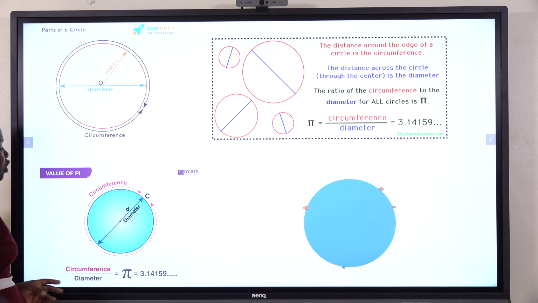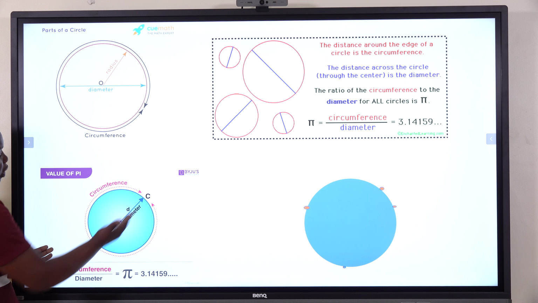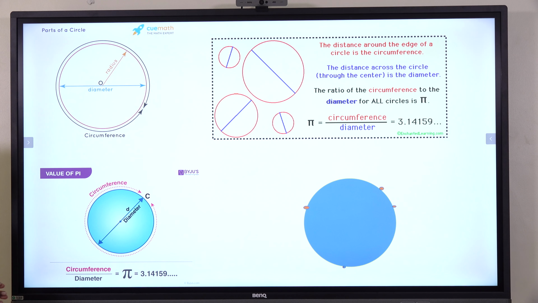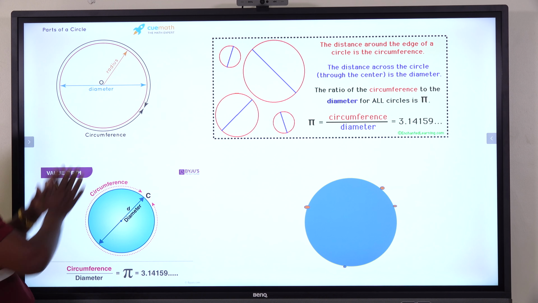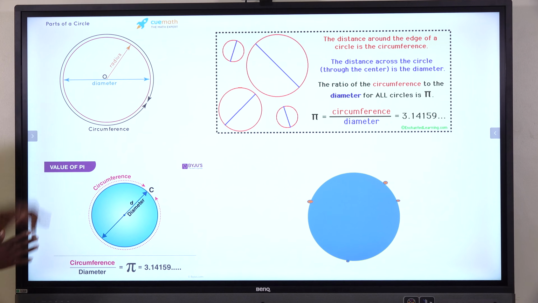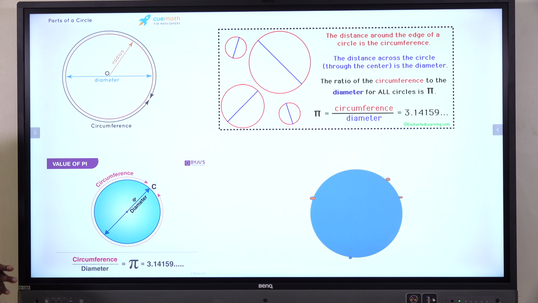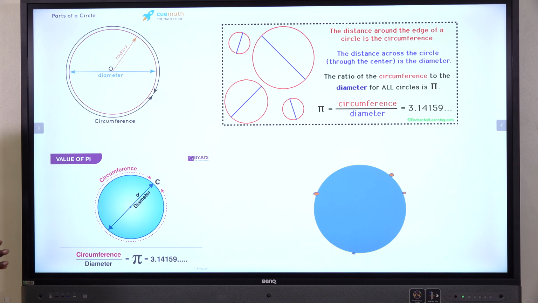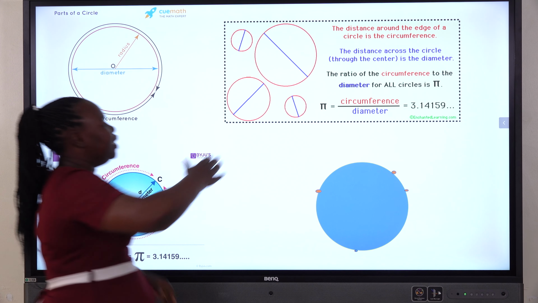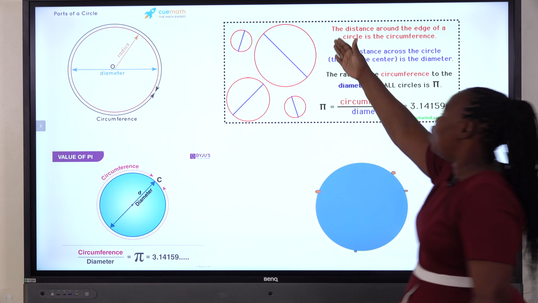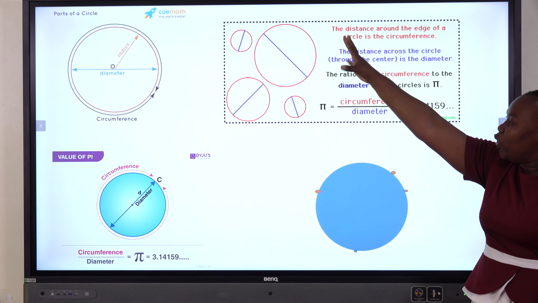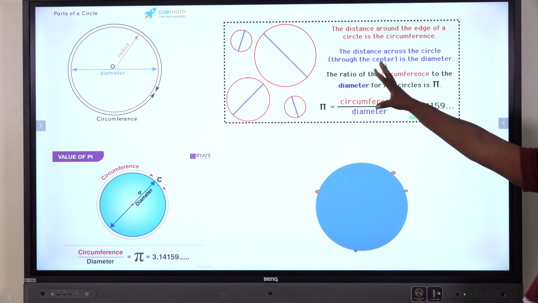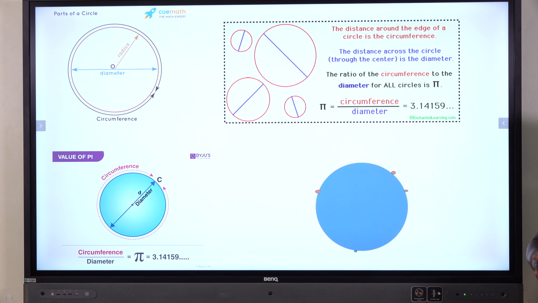In the second illustration, this is what we call the diameter, and in the first, that is the circumference of a circle. It does not matter the size of the circle, this is our illustration for any type or size of circle.